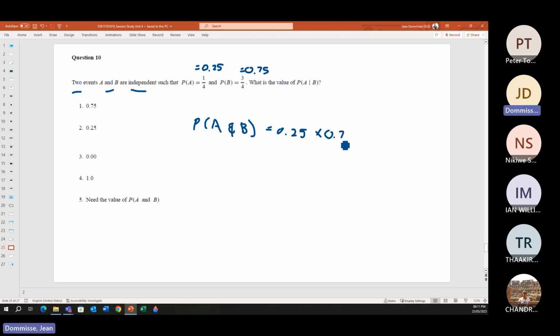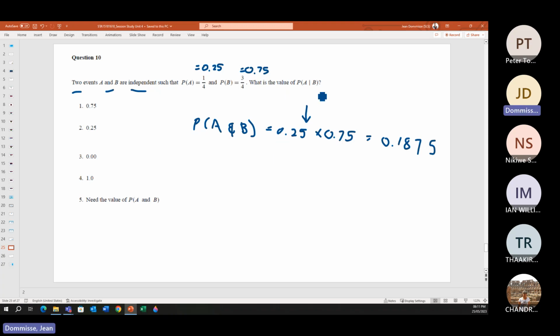So because it's independent, we can say this. Okay, so let's just look at what that will be. 0.25 times 0.75, we get 0.1875. Interesting that it was not given as an option here.